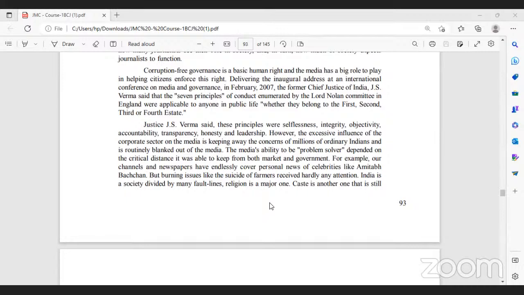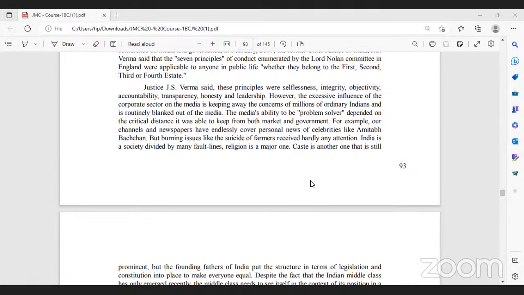So when we are talking about catering to society, all the pillars of democracy have to follow this, because the media has the ability to be a solution provider for critical issues.